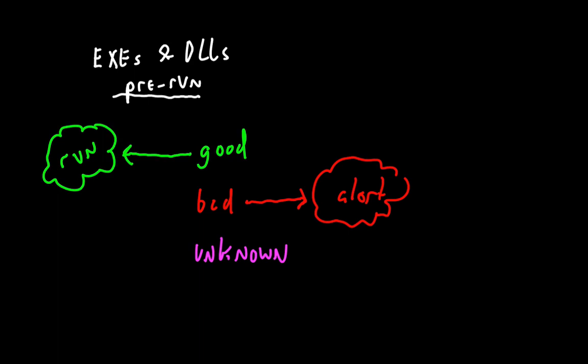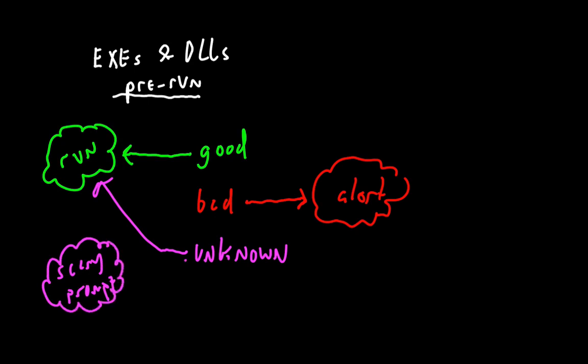And again, that is dependent on the configuration of the product. In some cases, unknown is a default where it's just treated as good and allowed to run. In other cases, unknown is an opportunity to raise a scary prompt and really warn the user and say, hey, I don't know, are you sure you want to allow this to run?